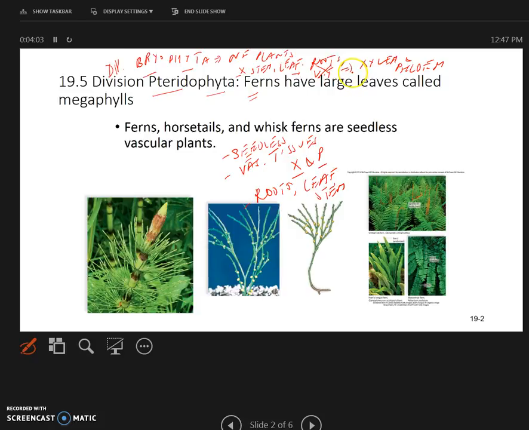Let's not forget that. And of course, the sporophyte is nutritionally independent. The leaves are, of course, very varied. They can be very small leaves, which are microphyllous, or big leaves, that is macrophyllous.